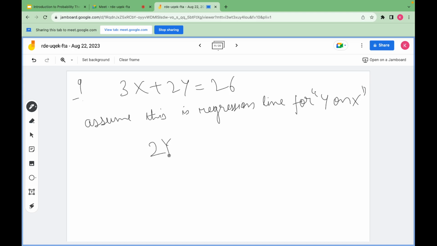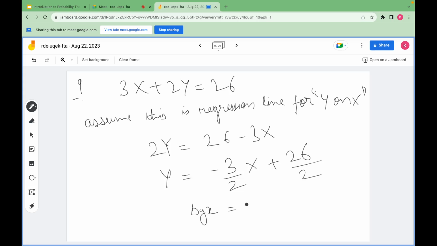We can write 2y equal to 26 minus 3x, y equal to minus 3 by 2 x plus 26 by 2. So this byx is minus 3 by 2.